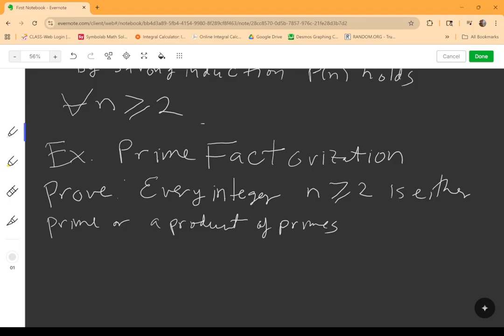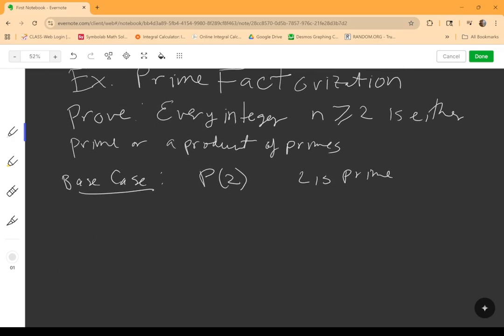So here, the idea is our base case. We have P of 2. 2 is prime. So the above is satisfied. Now here is my inductive case.